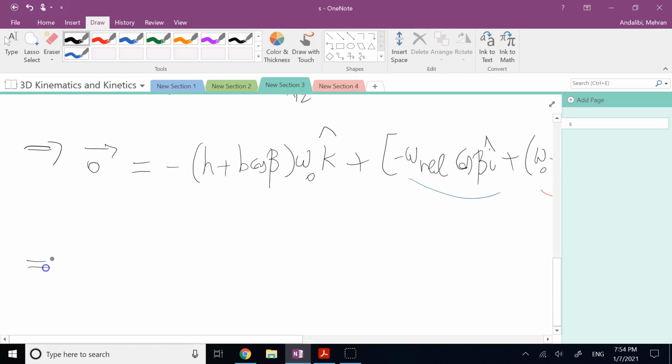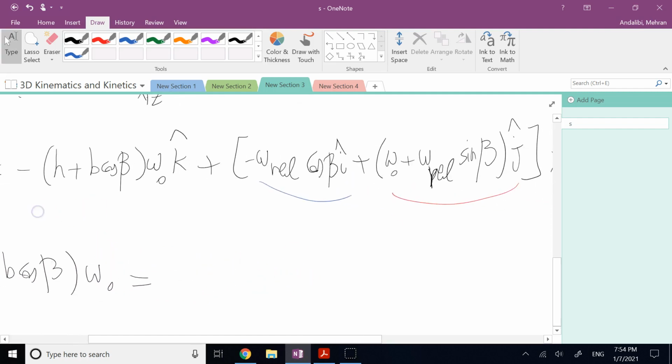So if I do it, the component of k here is 0. On this side, you can take this negative term to the other side. It's up to you. I would take it to the other side because it does not depend on the unknown. So it is going to be h plus b cosine beta times omega naught.